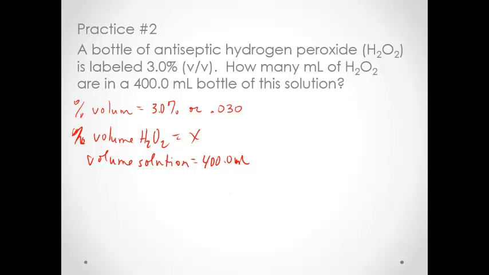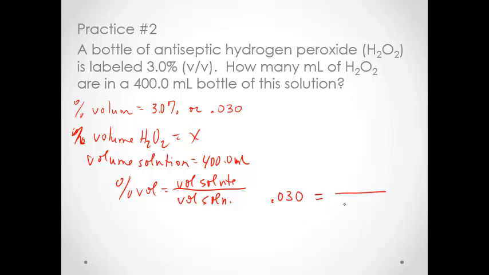To solve this, percent volume is equal to the volume of your solute over the volume of your total solution. We know we have 0.030, and that's equal to the volume of your solute, which we don't know.